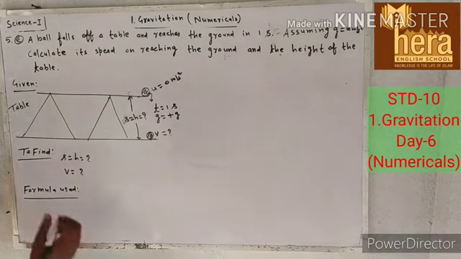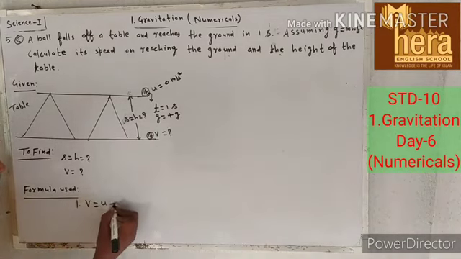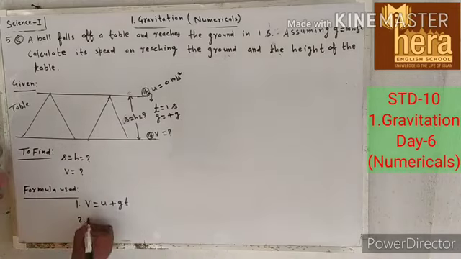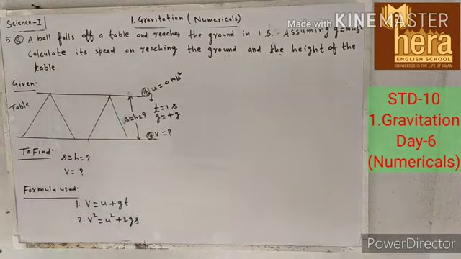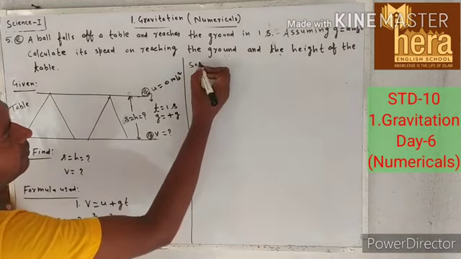Here you use two formulas again. First one, V is equal to U plus GT, and second one is V square is equal to U square plus 2GS. Then solution.